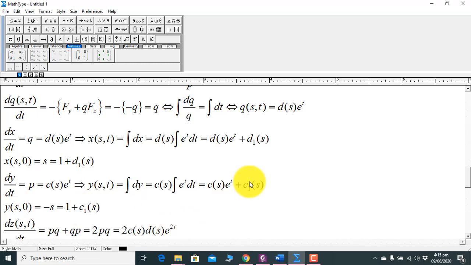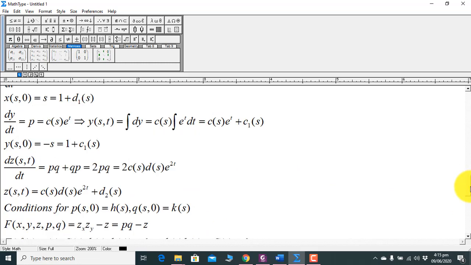Okay, so what can be z now? In z we are having, so what will be d1? This implies that d1 is equal to s minus 1, and c1 is equal to minus s minus 1.